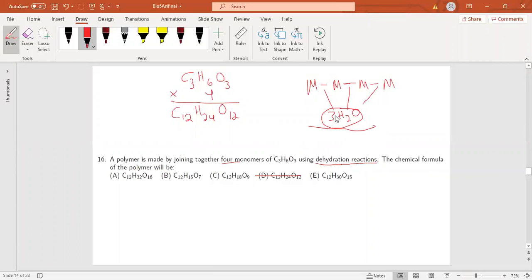So what I like to do is multiply 3 into H2, which gives us 6 hydrogens. And we also use 3 oxygens, right? Because we have 3 waters. So we need to subtract our three oxygens, and we got to subtract our 6 hydrogens to get our final formula, which gives us C12H18O9. And we can see that our answer choice matches up well with answer choice C.